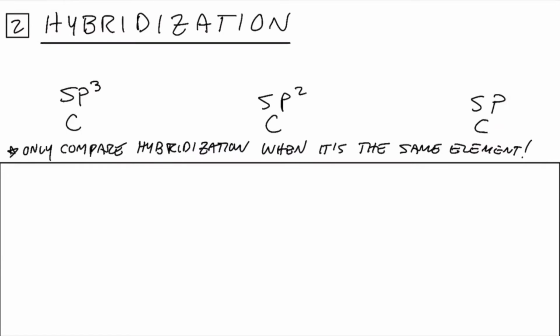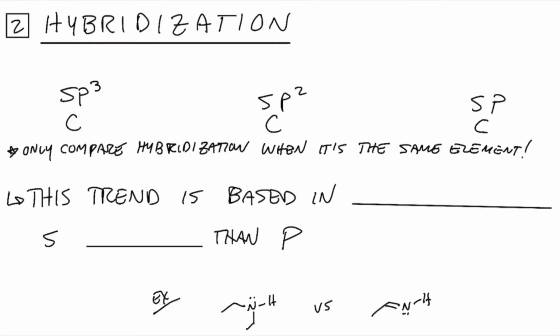So for that, there's a little bit of another tie-in here based on electronegativity. That's where this trend actually comes from. The thing here is that s orbitals are actually different in electronegativity than p orbitals.